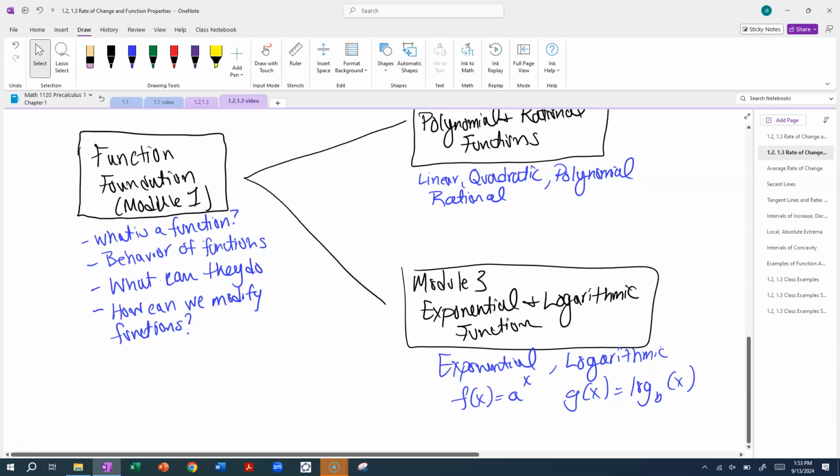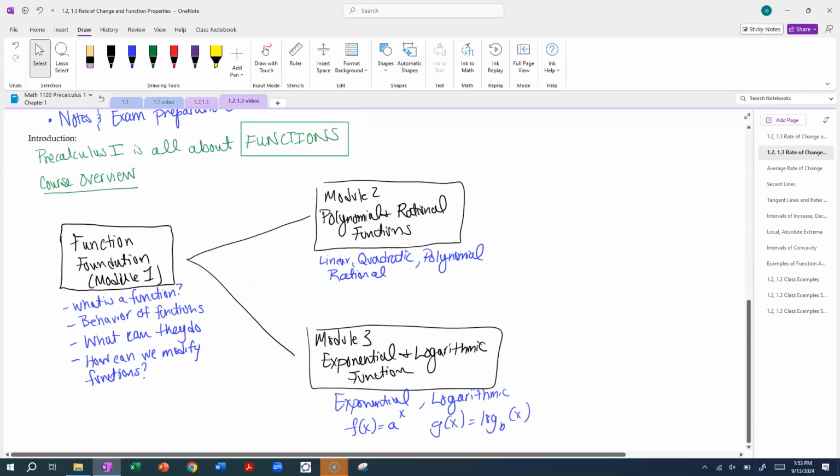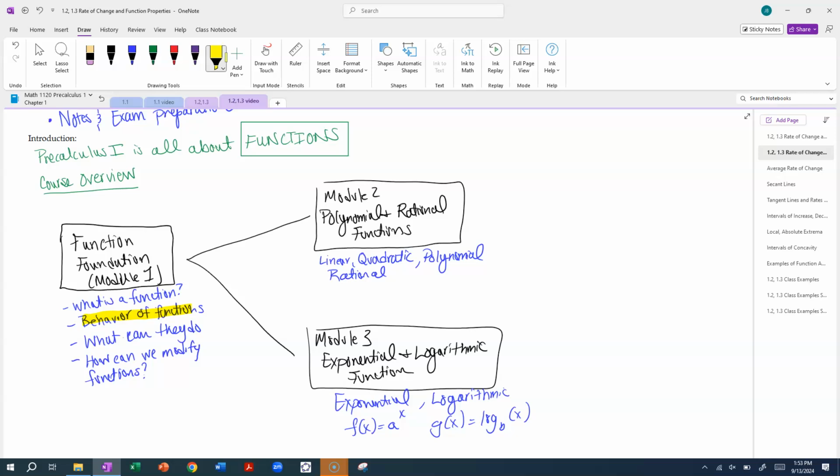That's a whole overview of what we have to look forward to in this course. What are we going to look at coming up? Really, we're going to look at this second step, the behavior of functions. If we look at a function algebraically, how does that connect to its graph? And if we have its graph, how can we describe what is going on?